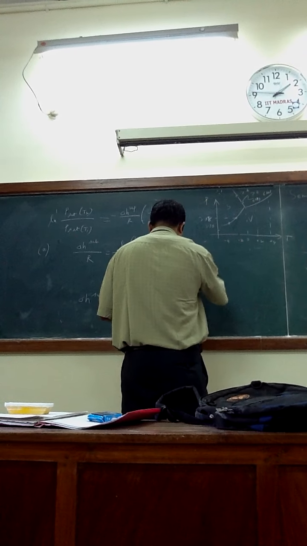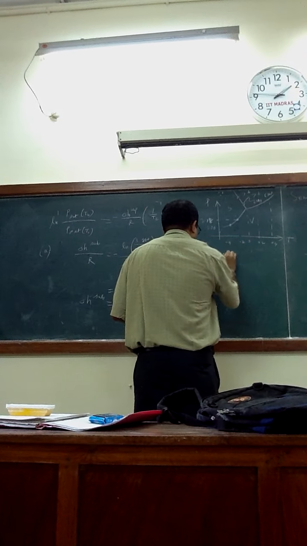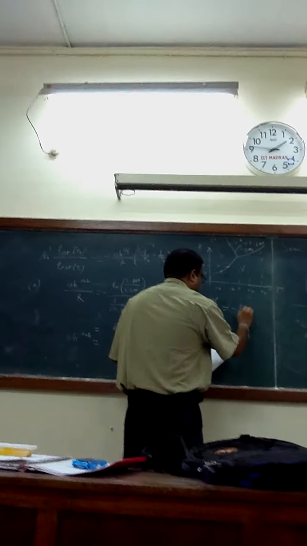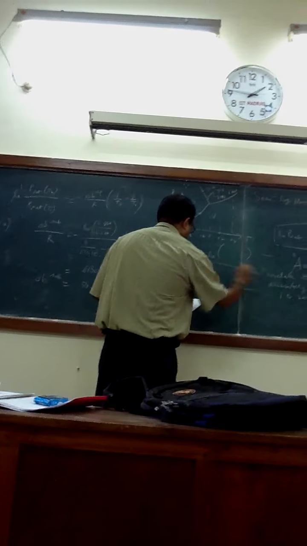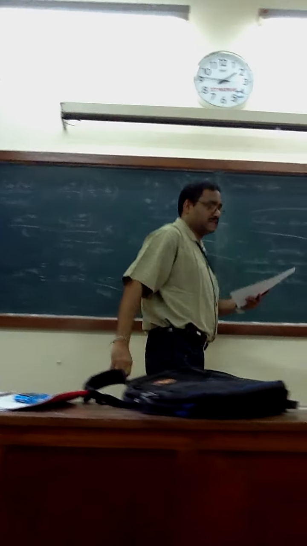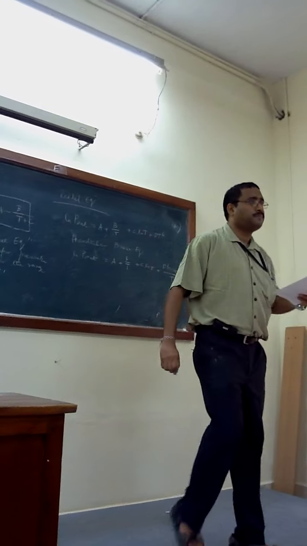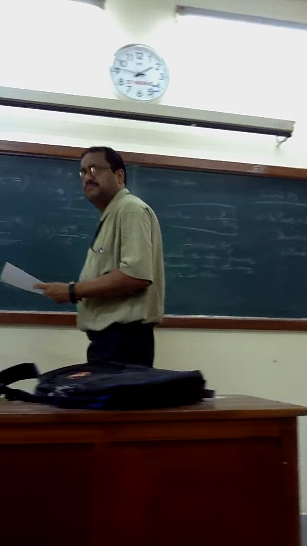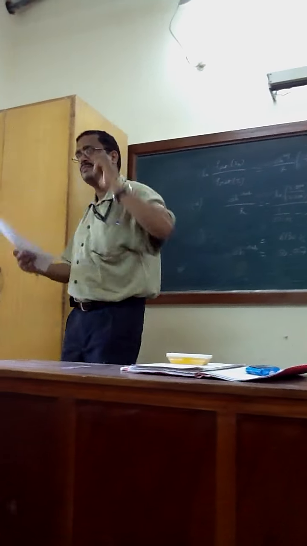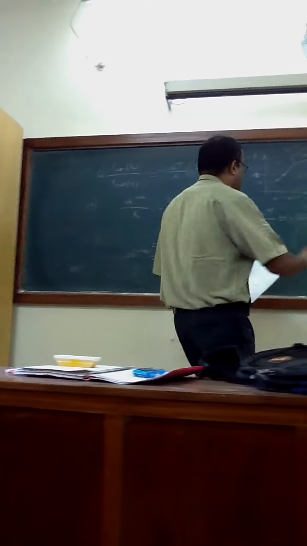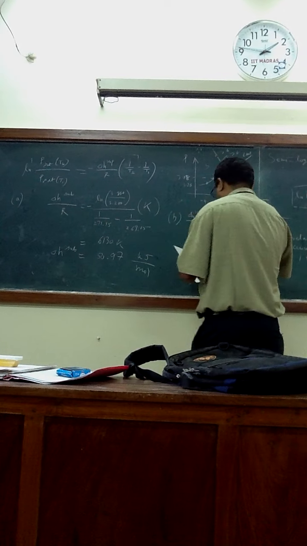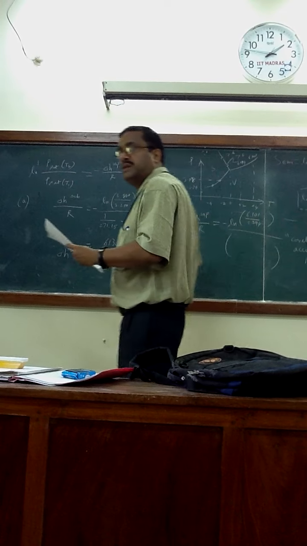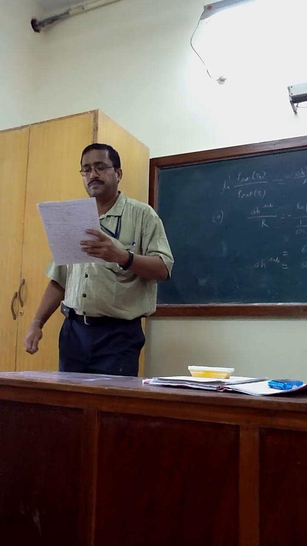Question number B. Delta H vaporization by R equals ln something by something. Fill in the blanks. Who will give the answer? Not Rahul. Yes, madam. 6.101, 5.294. You have your denominator part ready.